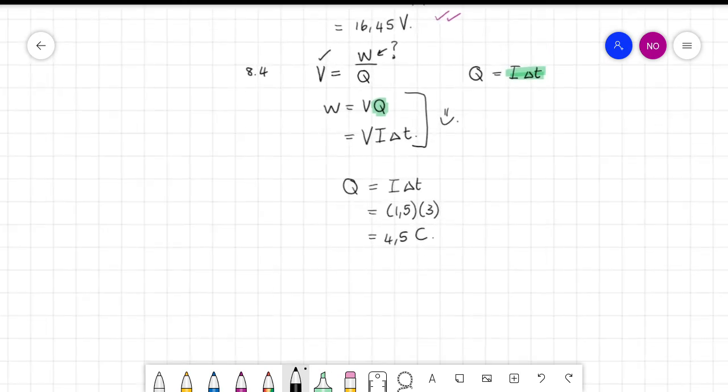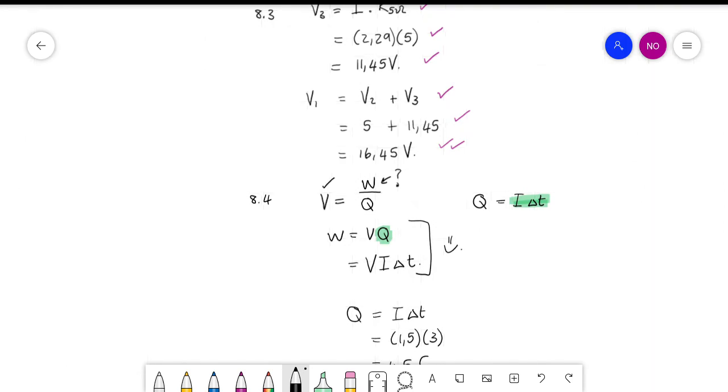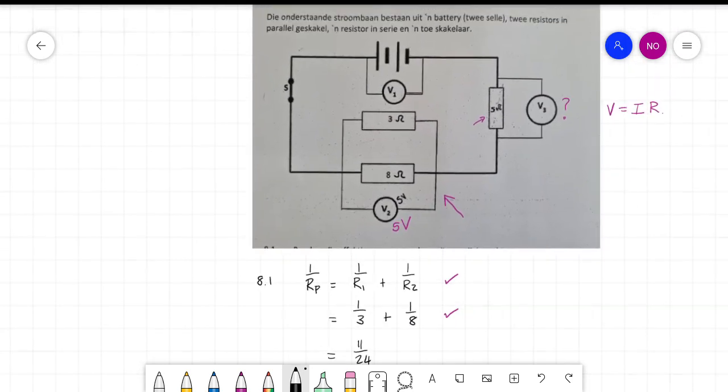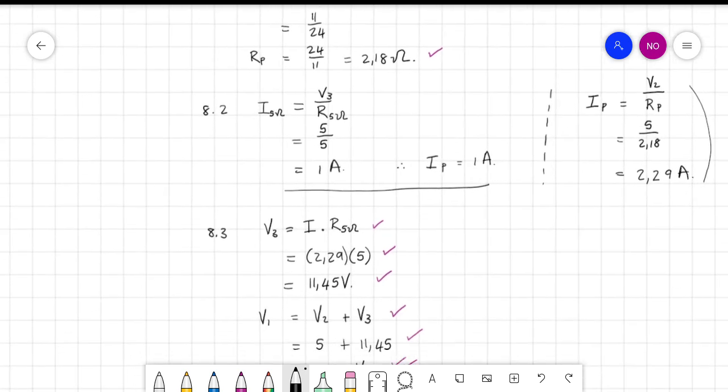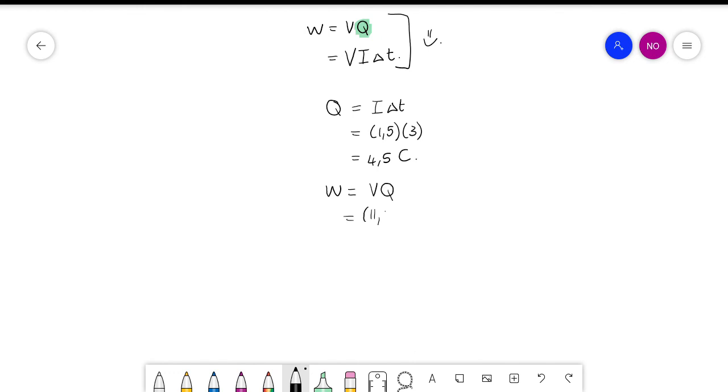And now to calculate the energy transferred, I'm going to say it's potential difference times charge. The potential difference across voltmeter 3 is 11,45. The charge flowing through it is 4,5. What is my unit? Nice.